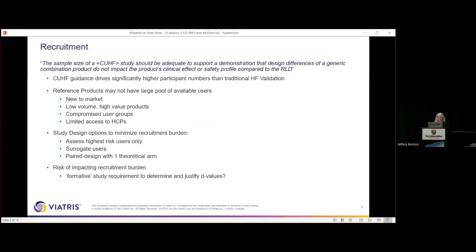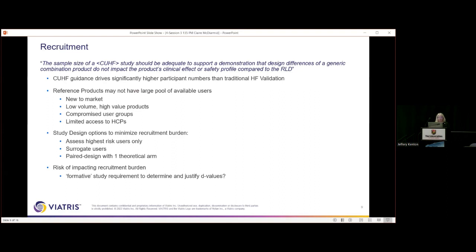We heard Jason speak just before on recruitment. This is certainly an issue that we can face in any human factors study. Accessing patients, end users, whoever they may be, can be a challenge, especially when we're faced with products that may not be high volume. They may be fairly new to the market.